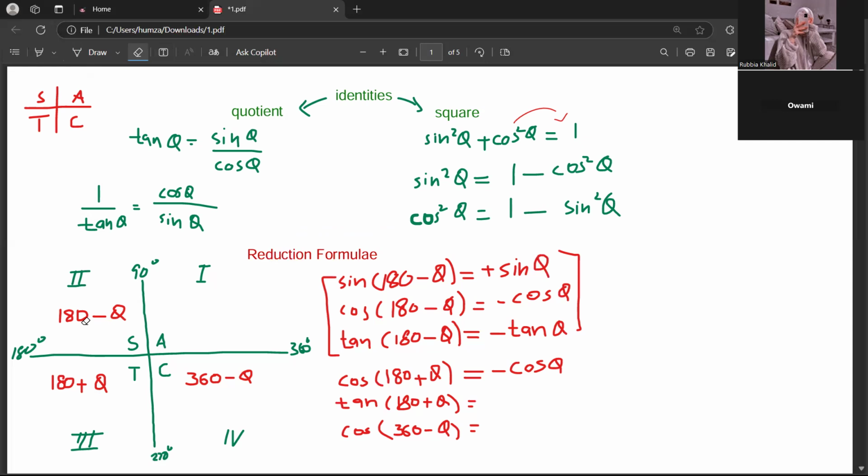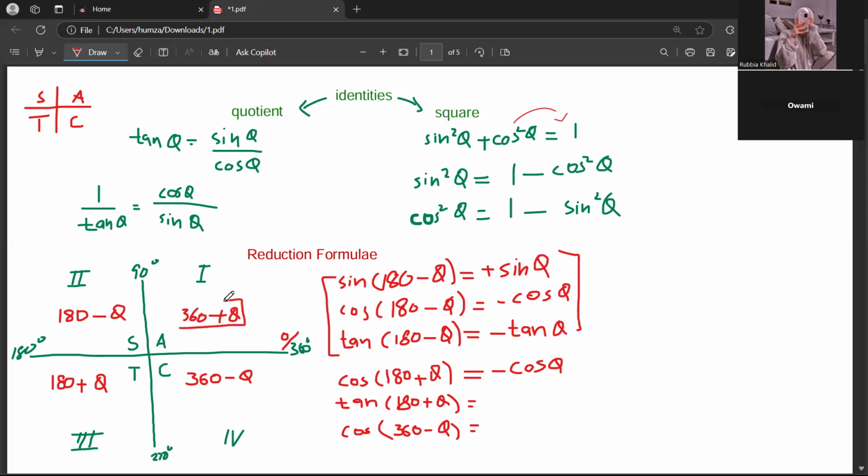quadrant 3. Again, cosine lives in quadrant 4, and for quadrant 4 now we look onto the right hand side. We have this 360 here, and we say, okay, all the values less than 360 or 0, right? If we look at all the positive angles, we say this is the 360 degrees plus theta.